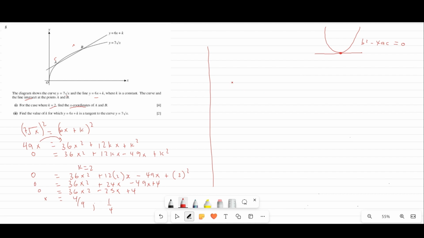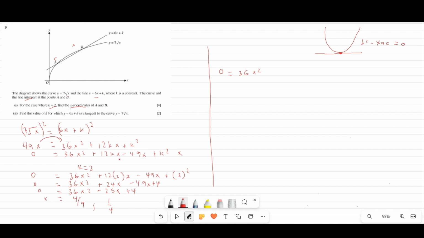Using that fact and the expression we simplified earlier, we are going to find the value of k. We have 0 equal to 36x squared.